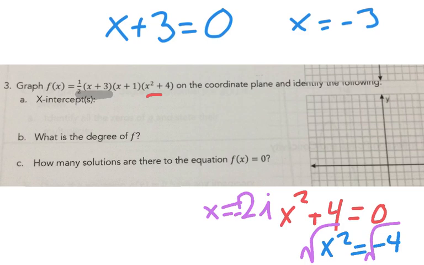What degree is this polynomial? 4. It's still a degree 4 polynomial. But remember how I said degree 4 polynomials can have at most how many x-intercepts? 4. Degree 4 can't have more than 4. Well, guess how many x-intercepts this is going to have? 2 reals and 2 imaginary.